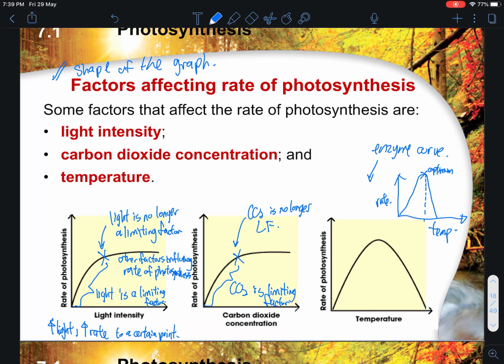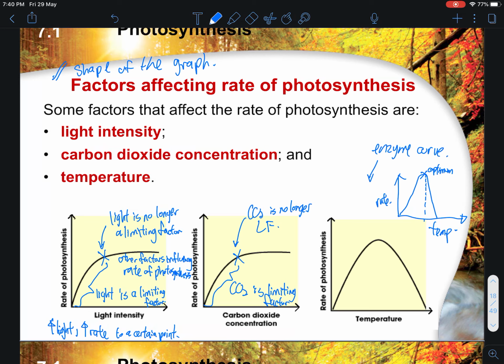So what is hindering the light intensity is actually the number of chloroplasts or chlorophyll in the plant. Of course, having more chloroplasts results in more light being absorbed, and hence the rate of photosynthesis can increase. For carbon dioxide, concentration is also limited by the number of stomata pores for gas to come in and go out of the plant.